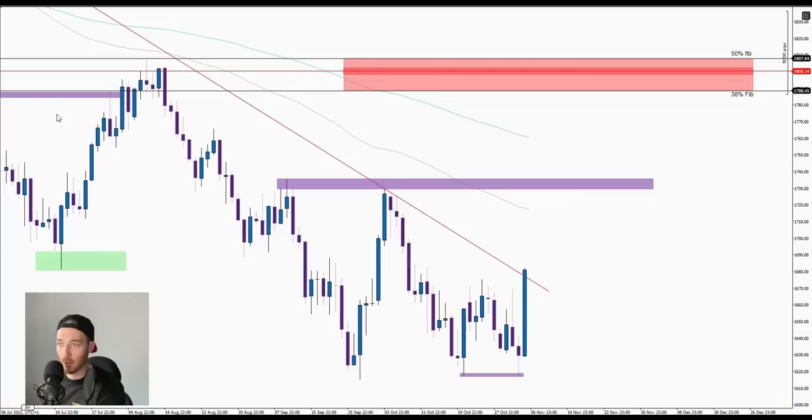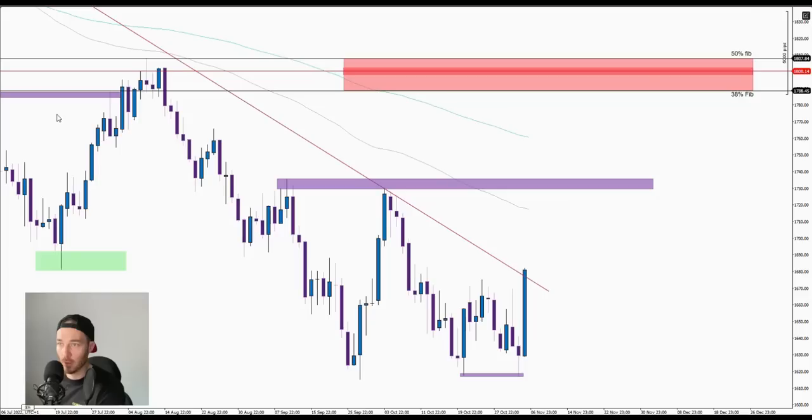So I have no idea which one is going to be the most relevant one, but I do believe both have to be respected in a way. Therefore, I'm going to have to account for these two confluences in order to try to get into a possible reversal. And that has defined a very, very big zone.